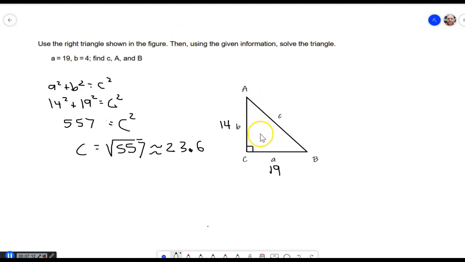Using sine, cosine, and tangent, we're going to use the principles of SOHCAHTOA. So let me go ahead and write that down. SOHCAHTOA.